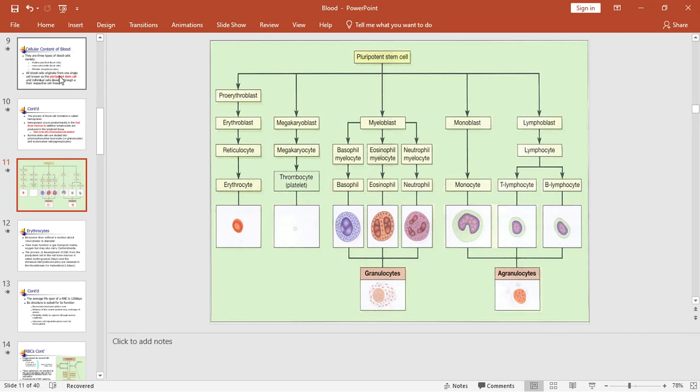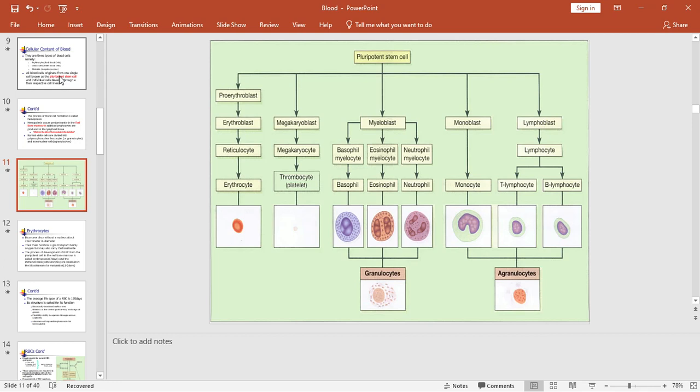From the pluripotent stem cell, you have the proerythroblast. It is from the proerythroblast that you have production of the erythrocytes, which are the red blood cells. You can also see that from the pluripotent stem cell, you have production of the megakaryoblast, which is the cell line that gives us the thrombocyte, the platelets.